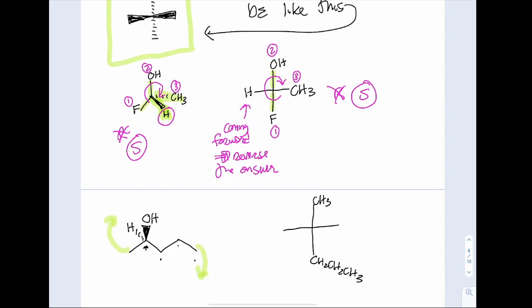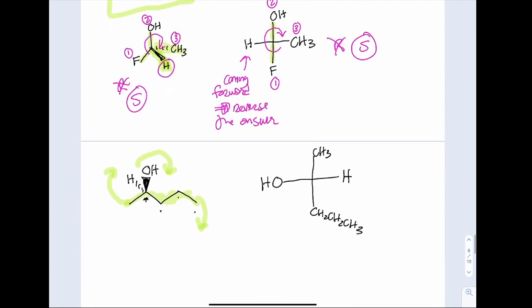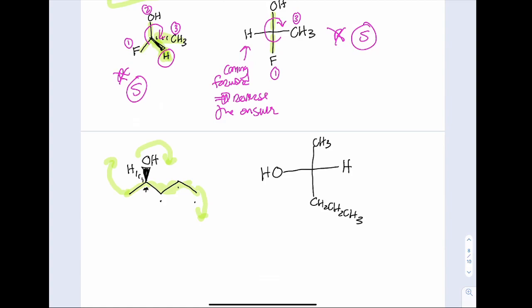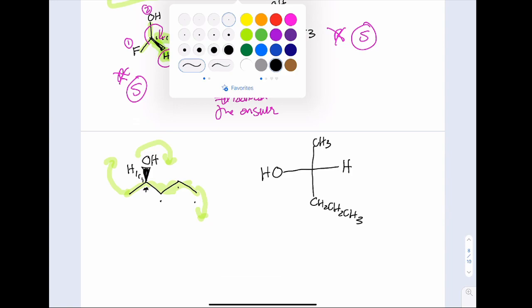I'm swinging this down, but then I also need to tilt it so this group is back, and then this stuff is back also. So what's happening is this stuff is kind of swinging around, and my hydroxyl group is going to be over here. And we can make a model and I can kind of show you how we're doing that, but that's what I'm coming up with. Assigning priority to those groups.